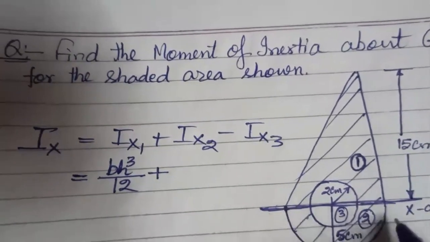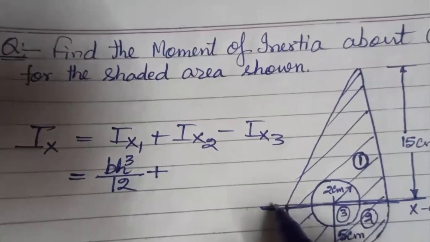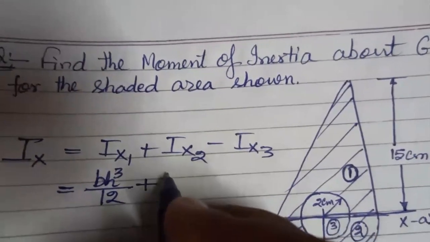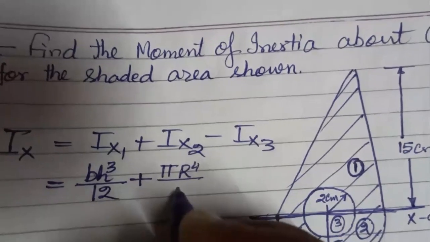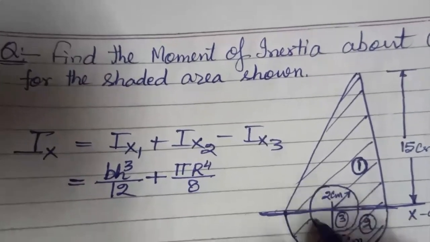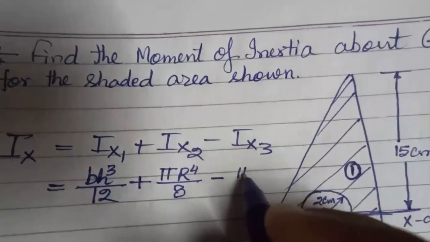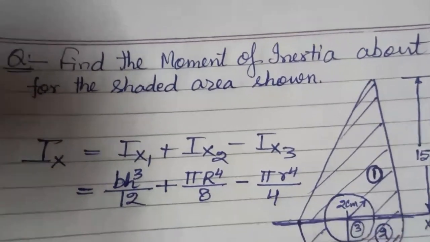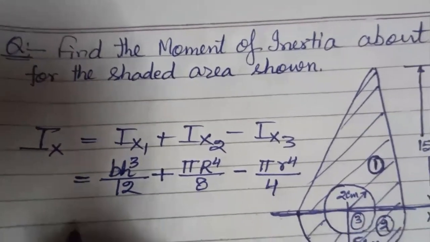Plus, for this semicircle, the moment of inertia about this x-axis will be equal to pi r to the power 4 upon 8. And for the whole circle, about its diametral axis, it is pi r to the power 4 upon 4.